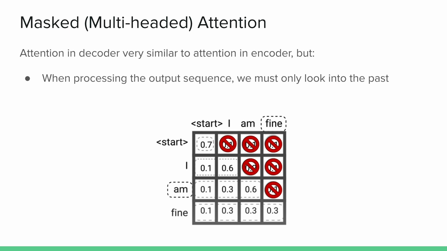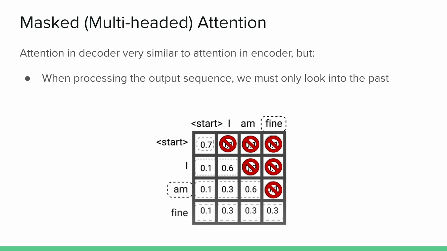So all of those words from our output sequence here will be omitted. When we have access to the word "I", we can learn how it relates to the start, what it saw before, and the word "I" itself. When we're at the word "am", it can access all of the information it saw before. So we're only allowed to take a look at the past.